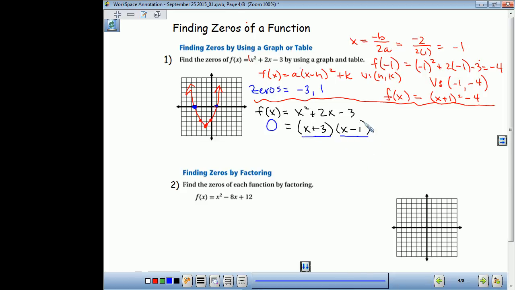If either of these factors were 0, would the product be 0? Yes. Okay, so what would make this factor 0? Negative 3. And what would make this factor 0? 1. So my zeros of the function occur where x is negative 3 and x is positive 1.